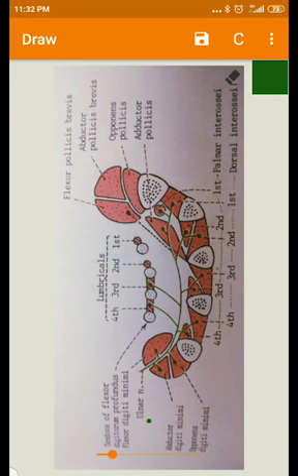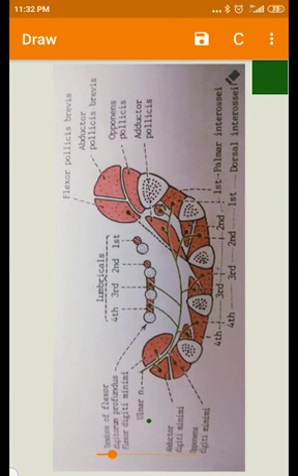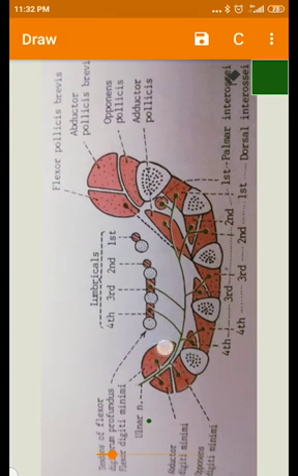And the deep branch of the ulnar nerve, accompanied by the ulnar artery, passes backwards between the abductor digiti minimi and the flexor digiti minimi. In these two muscles, the nerve runs backwards.